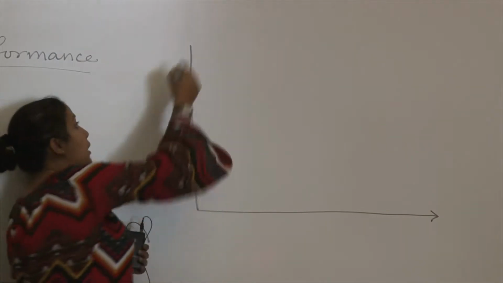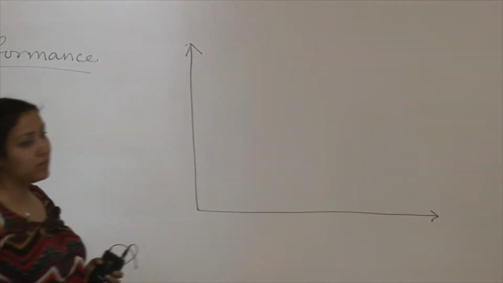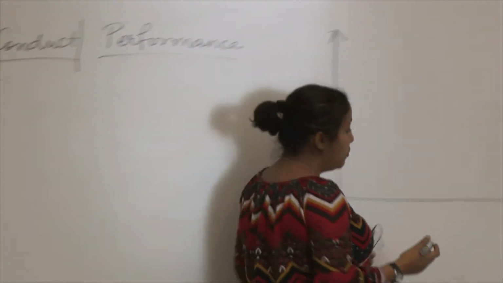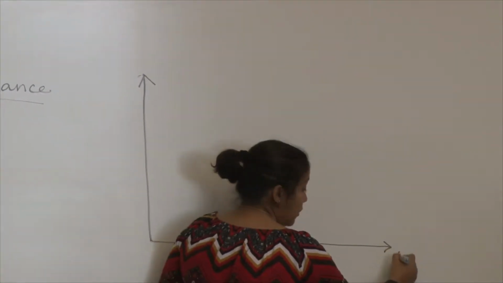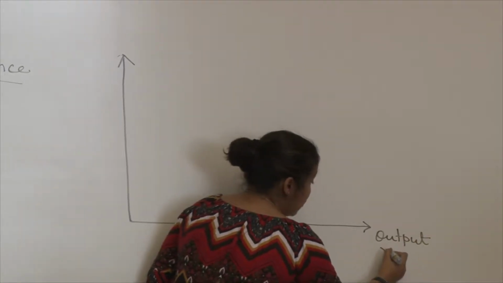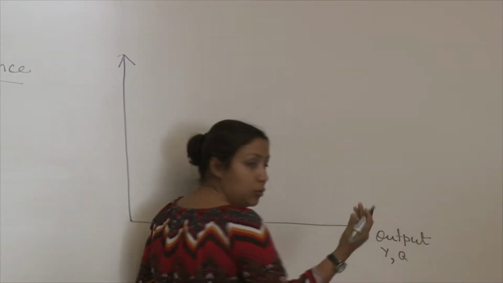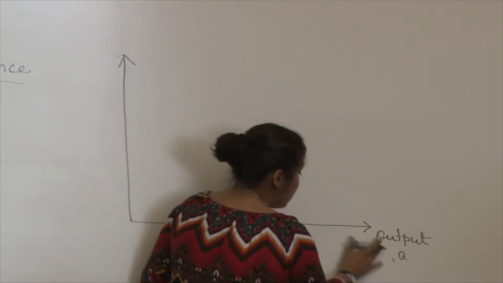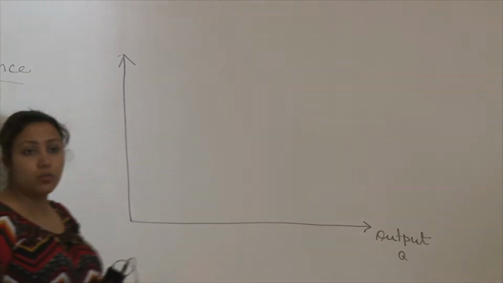Okay, once again back to the graphs. Where you measure output on the x-axis, and output is denoted either by y or by q, whichever. I am just calling it q, you can call it y. So, basically how much is produced.